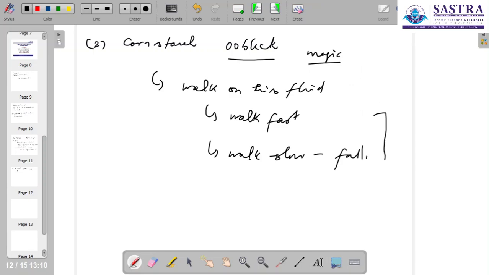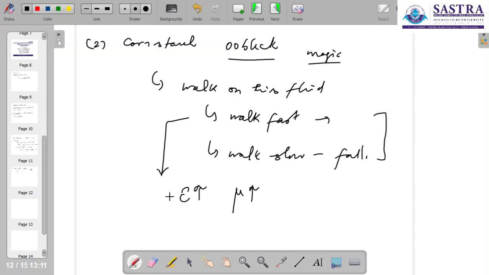How do you explain this observation? When you walk fast, the shear rate is enhanced, so there is very high shear being applied. When the shear rate is enhanced, it behaves as though it is a solid. It resists and is able to support the weight of the person walking on it, so its viscosity increases enormously.